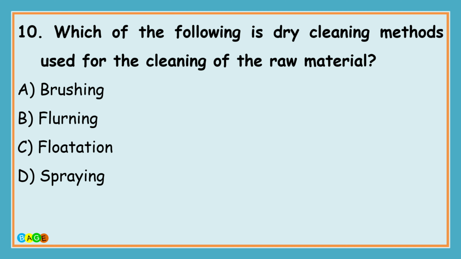Question number 10 is which of the following is dry cleaning method used for the cleaning of the raw materials, and the options are A brushing, B flurning, C flotation and D spraying, and the correct answer is option A brushing.